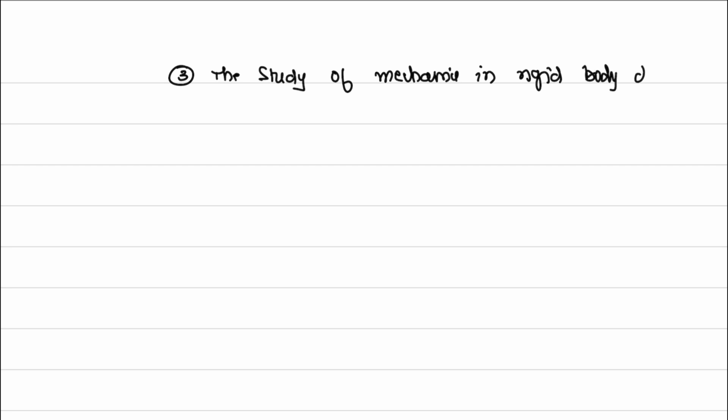Hence, the third point is that the study of mechanics in a rigid body is different from the study of a single particle.